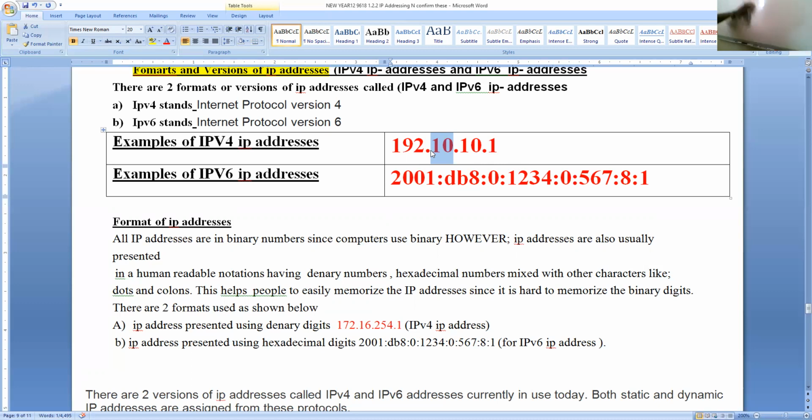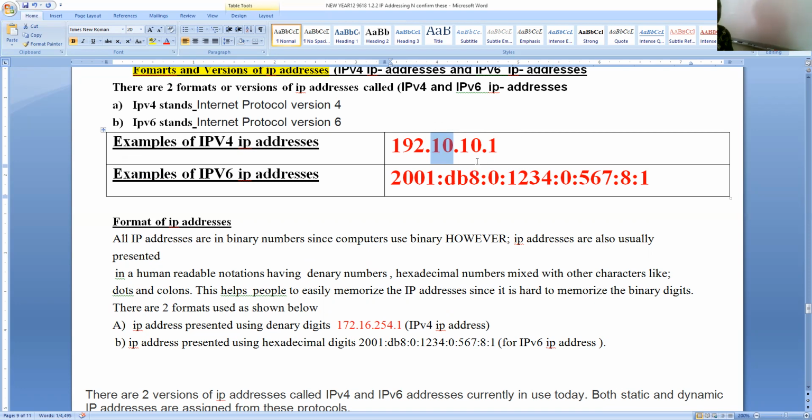Yeah, I'm writing. Very good. So for IPv4, each of the 4 parts has got a whole number. Each part has only a number. You understand?